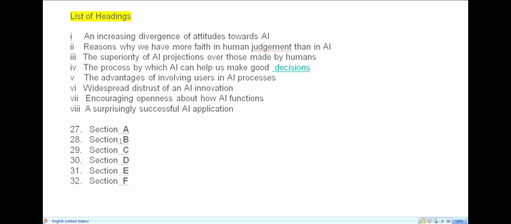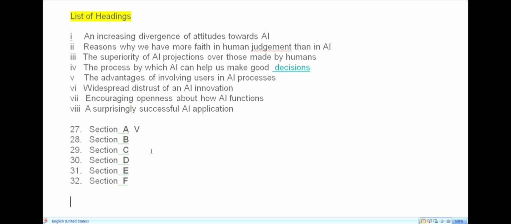For example, for section A, if it is option 5 as the heading, then you write option 5 next to question number 27. So, this completes one question category.